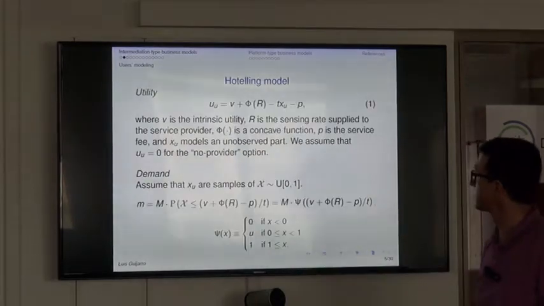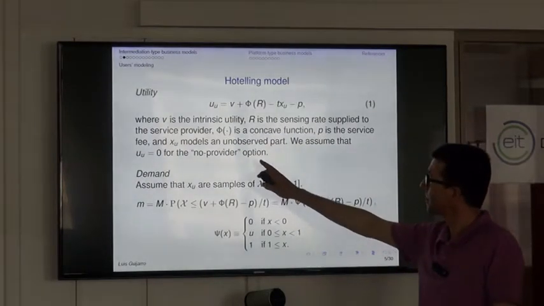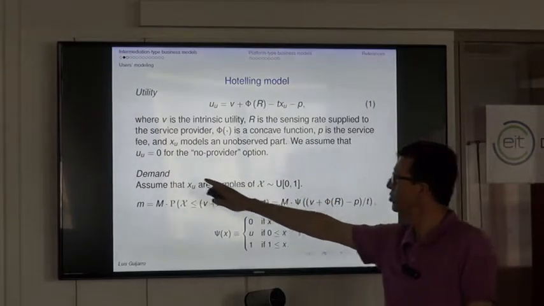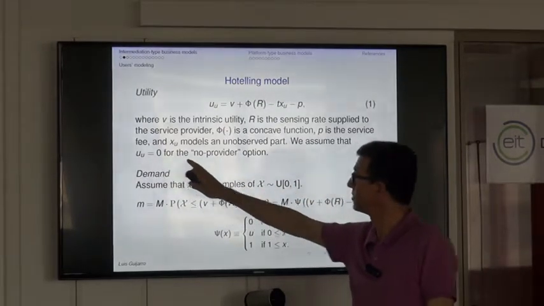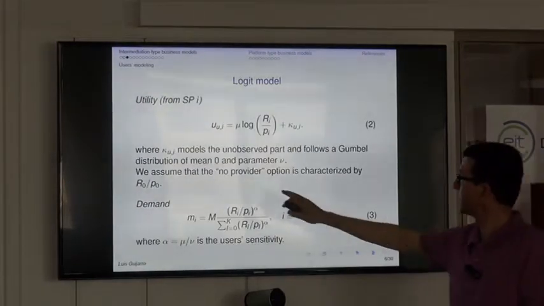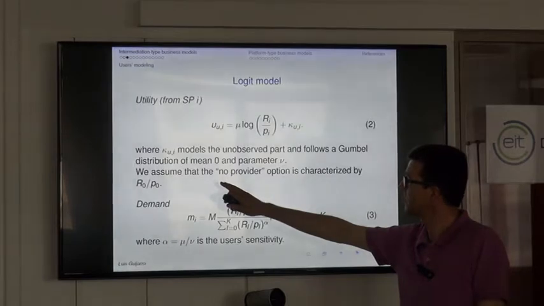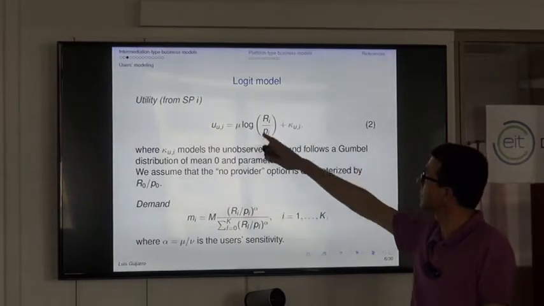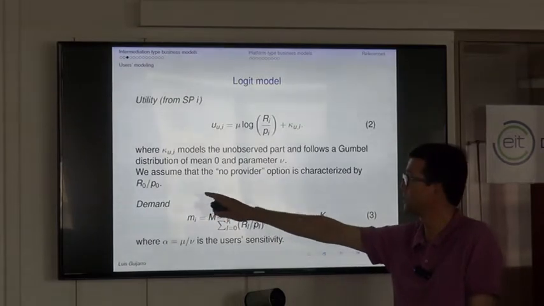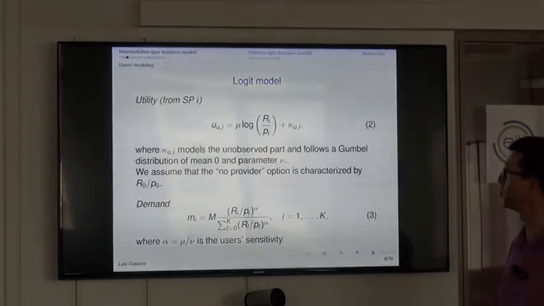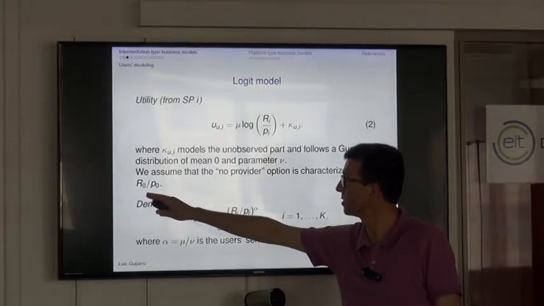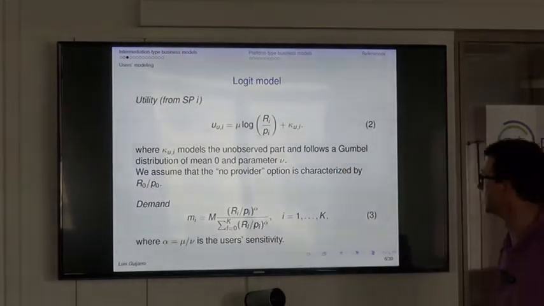While in the previous model, it is usual to set utility equal to 0 for the no provider option, we usually have more flexibility with this kind of model, since we can associate to the no provider option, that is no subscription to any service provider, a specific ratio R0 over P0.